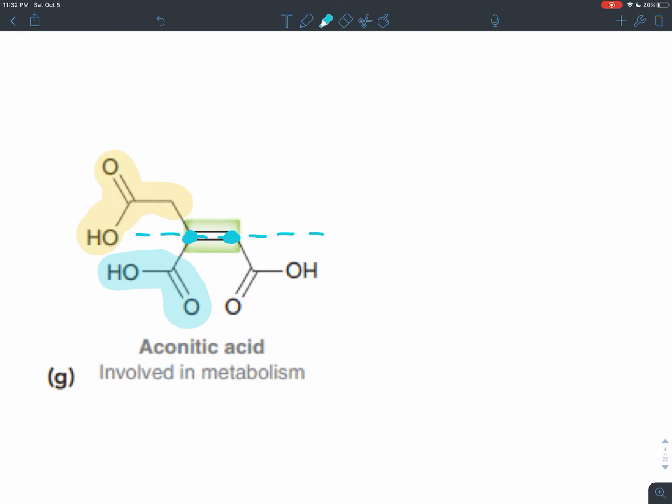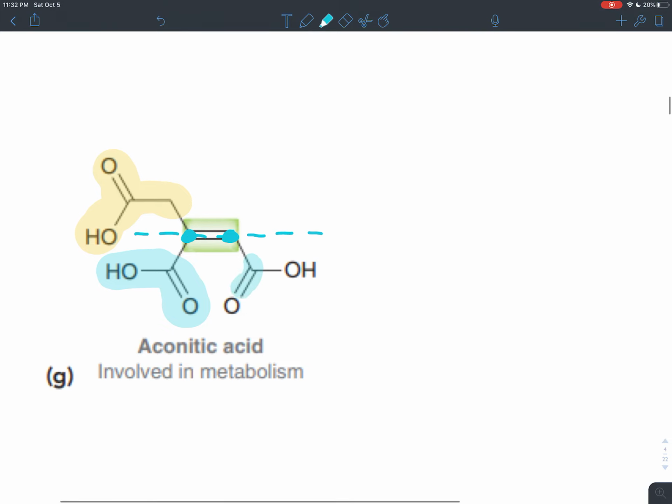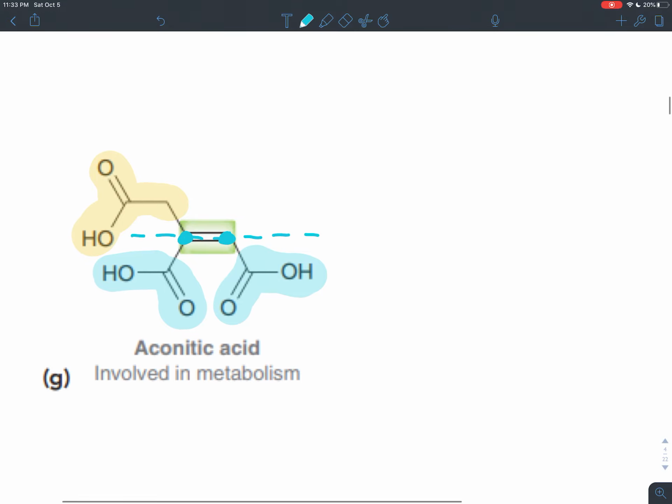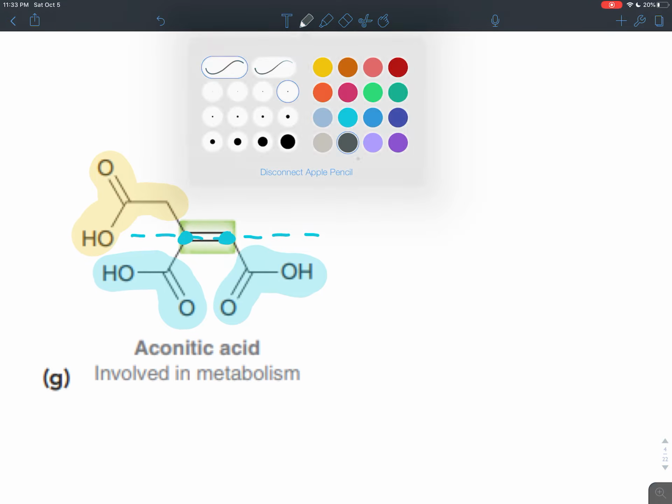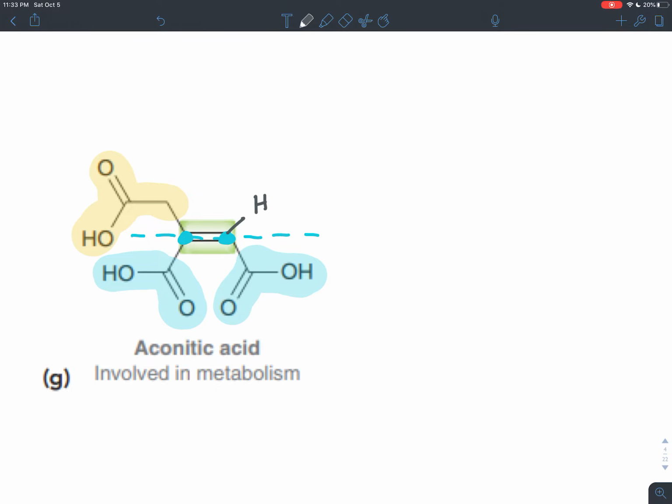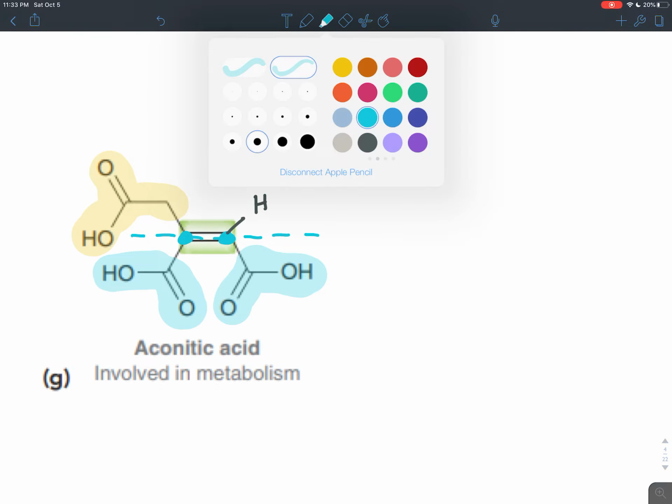So the carbon double bonded to oxygen, single bonded to OH. If you go to the other carbon, we have that carboxylic acid again. So the carbon here is immediately bonded to a carbon that's double bonded to oxygen, single bonded to an OH. The other thing that that carbon is bonded to is an implied hydrogen.